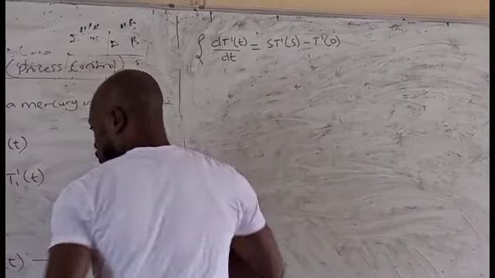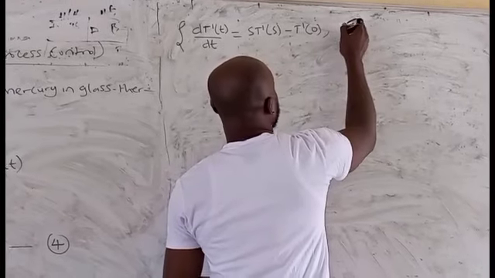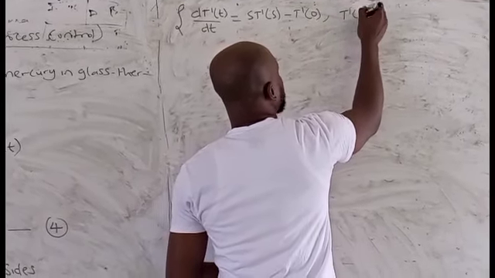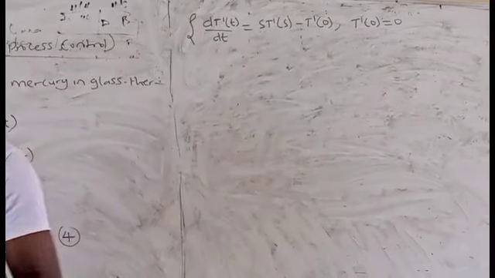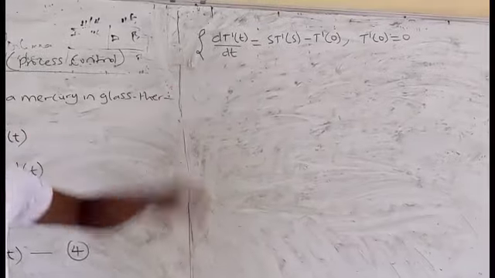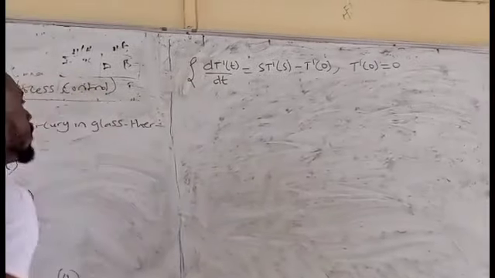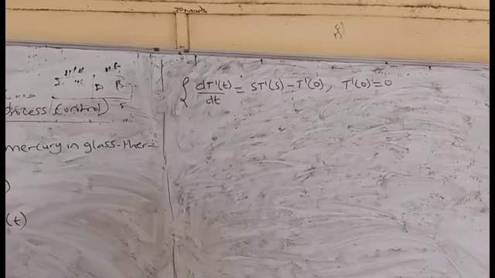So now we are going to put it in this equation. Then let's take our initial condition: T'(0) equal to 0. Now we are going to substitute the initial condition and this Laplace transform into the equation.